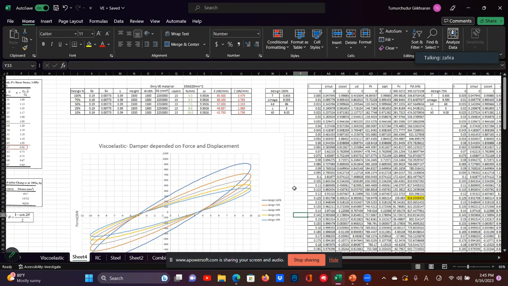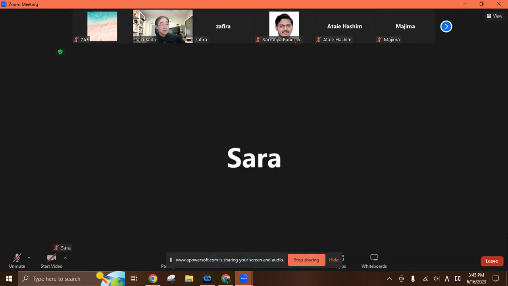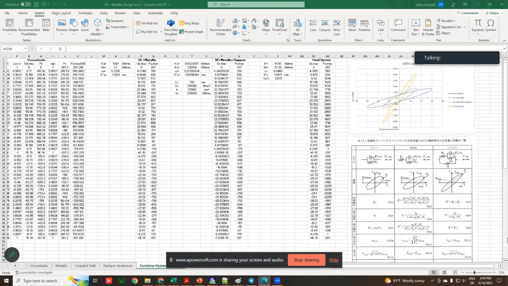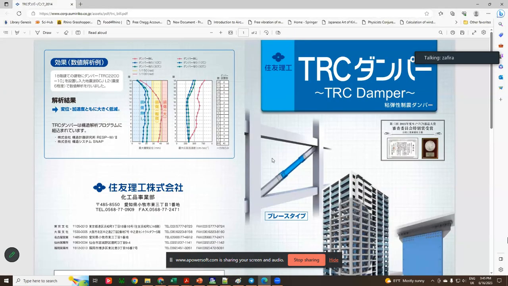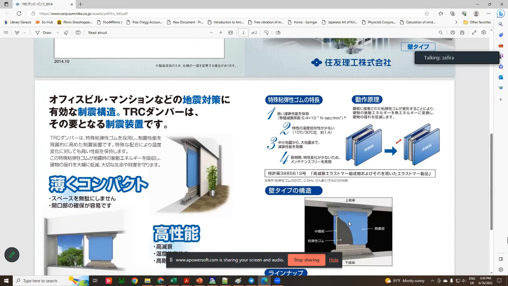Sensei, I found one catalog describing the viscoelastic damper. Can I show the screen? Okay. Can I stop sharing? Thank you. Here is one company that has a catalog for viscoelastic dampers.